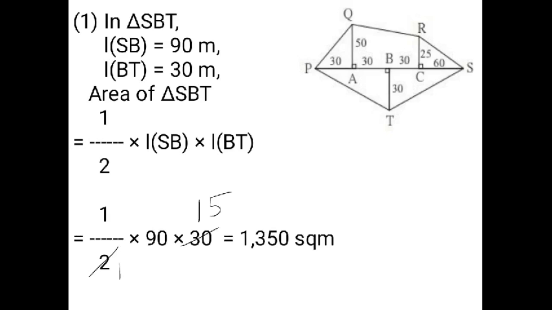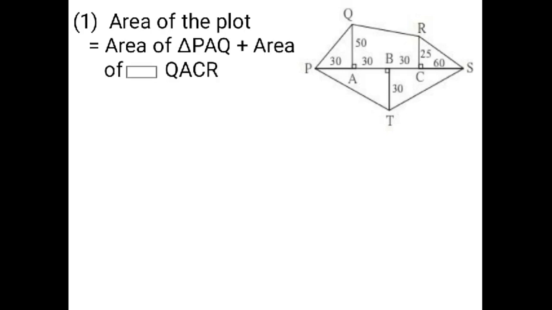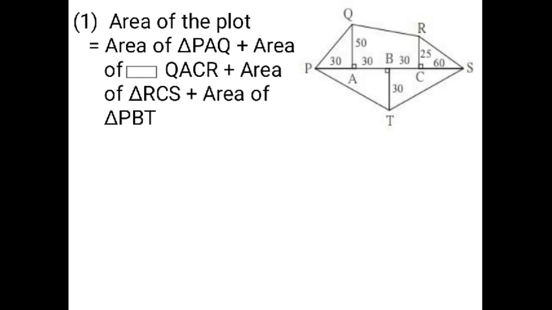Now you have to find area of the plot. Area of the plot is equal to area of triangle PAQ plus area of quadrilateral QACR plus area of triangle RCS plus area of triangle PBT plus area of triangle SBT.